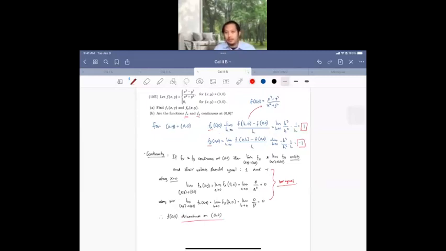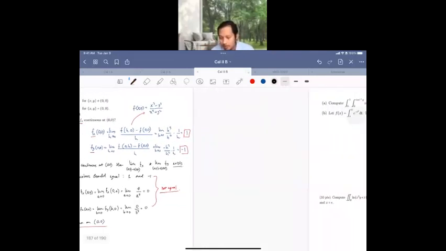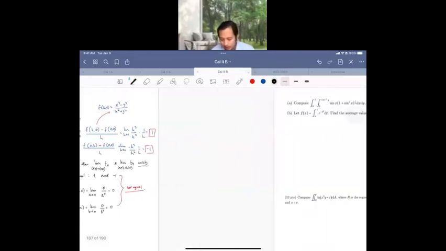If not, then we can move to the next page. Oh, the next question is this.